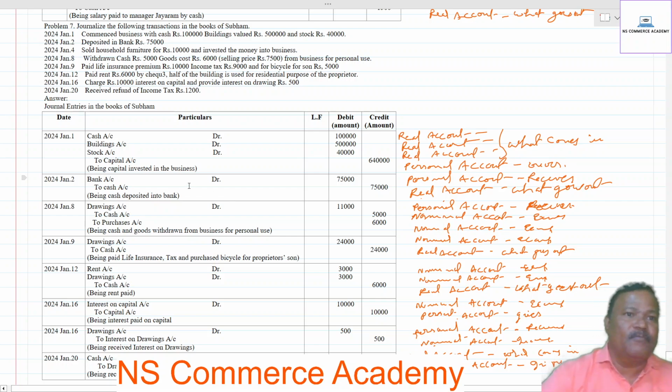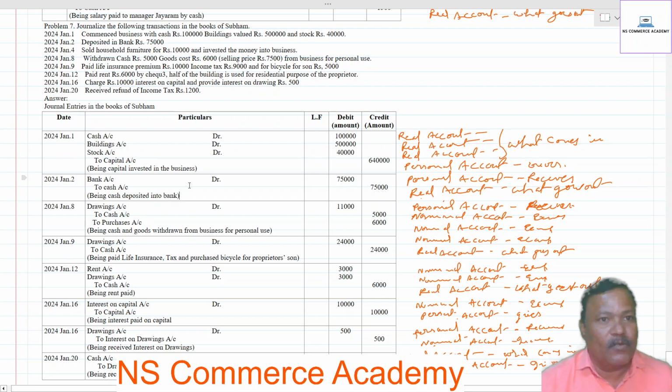Okay, next come to the third entry: sold household furniture for rupees 10,000 and invested the money into the business. So here the furniture belongs to the proprietor, which I am assuming is sold, and the same amount is invested into the business. Here Shubham is investing an additional 10,000 of capital into the business by selling his old household furniture.